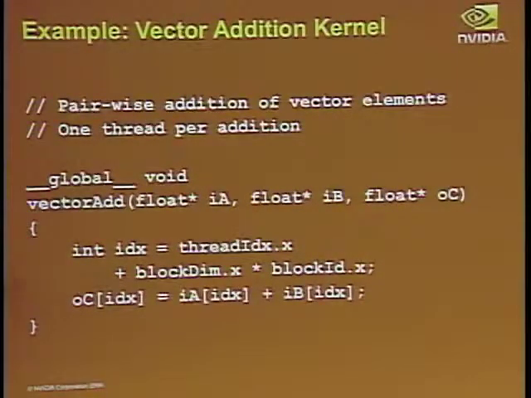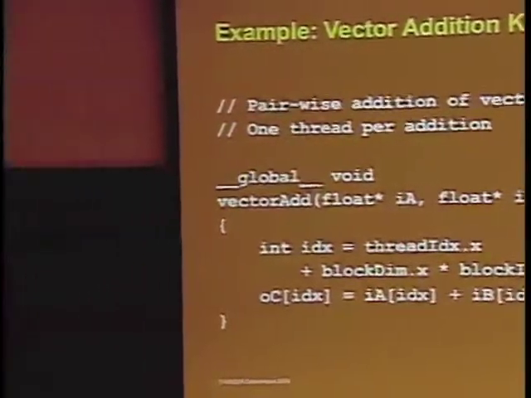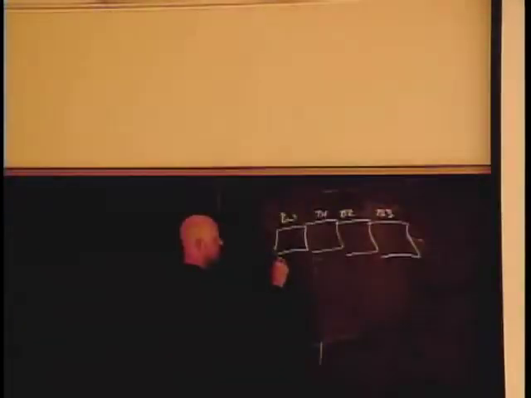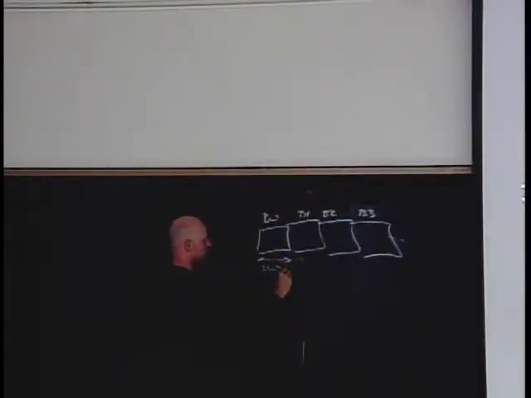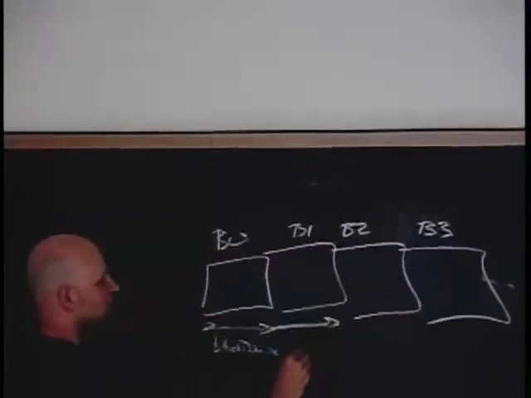So you compute my index. We have a bunch of blocks here: block 0, block 1, block 2, block 3. Then this is block dim x, so how many threads are in this block, how many threads are here, and so on.